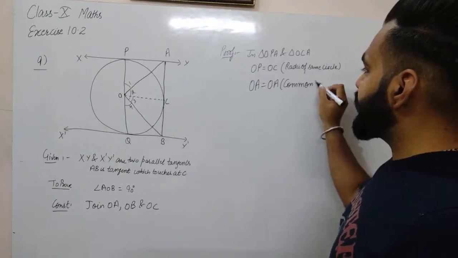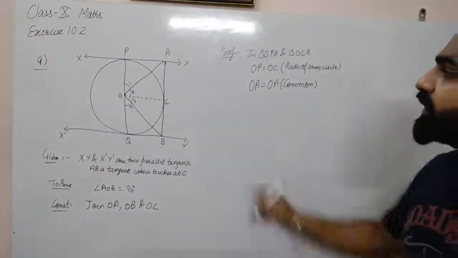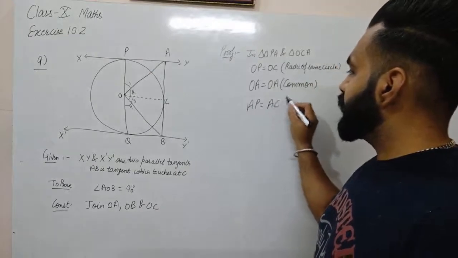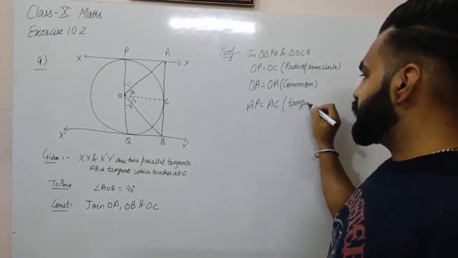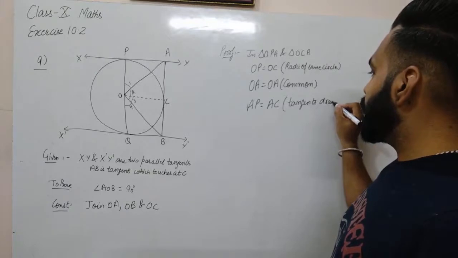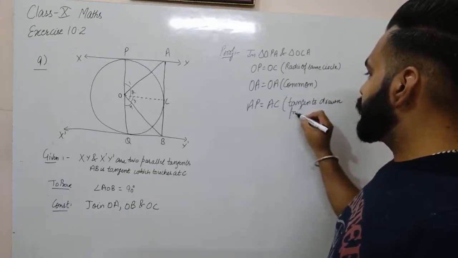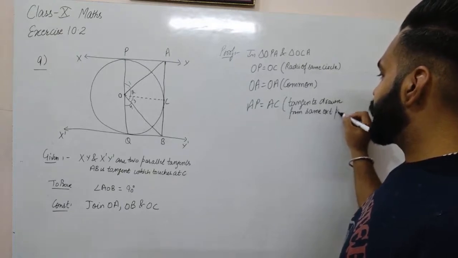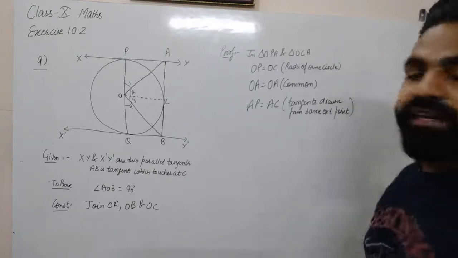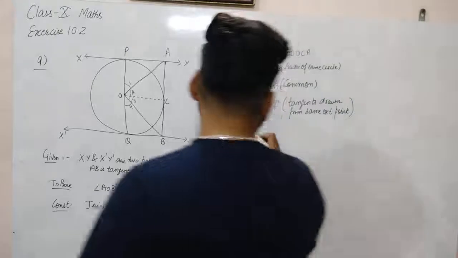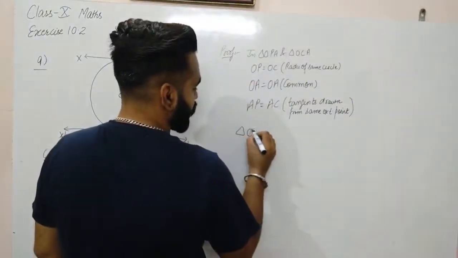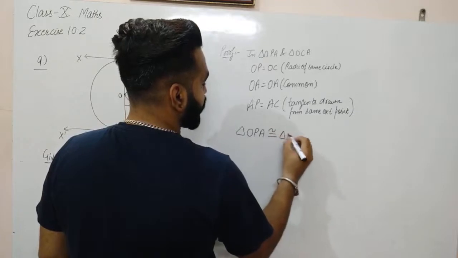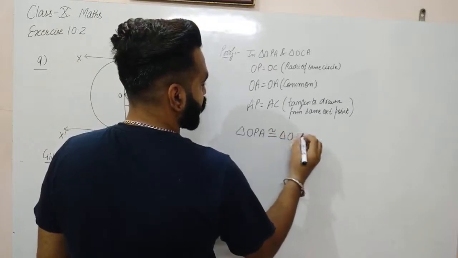These are common sides in both triangles, and AP will be equal to AC, tangents drawn from the same external point are equal. So from here we can see that triangle OPA is congruent to triangle OCA.